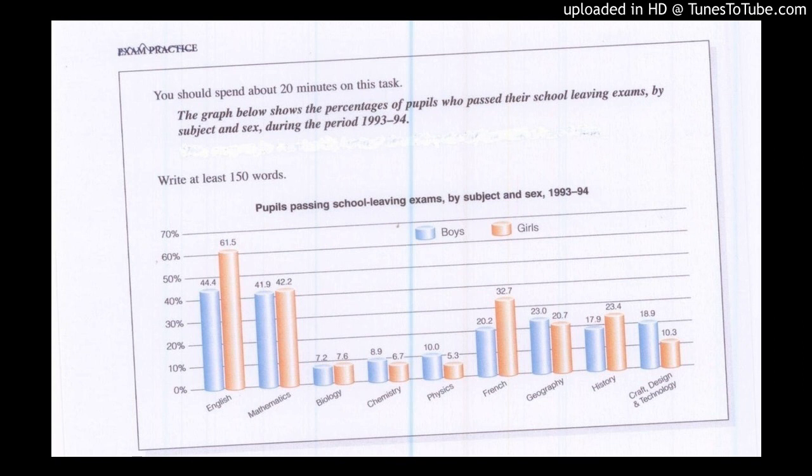Next sentence: indeed, the percentage of girls who passed the English exam was a little over 60% and more than 32% for the French exam, while on the other hand only around 44% of boys passed the English test and just slightly more than 20% for the French test. I put in some new words there to get the student higher marks.